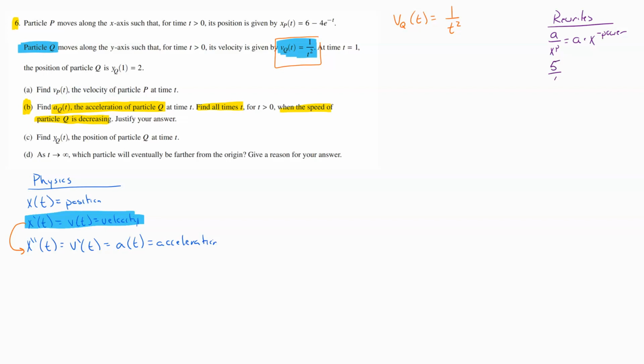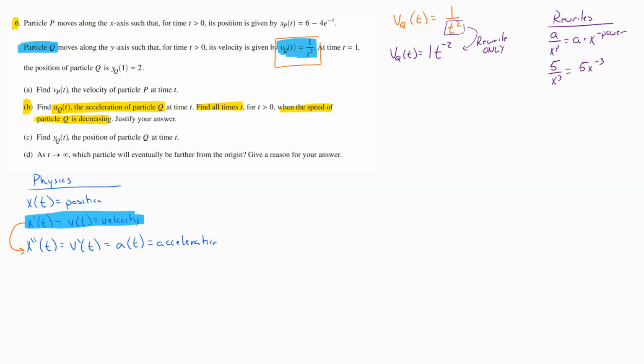So if you had something like 5 over x to the third, you'd want to rewrite that as 5x to the negative 3. So on this problem, we're going to bring this t squared from the bottom to the top. This would be 1 and then t to the negative 2. So that's just a rewrite to get from there to there.